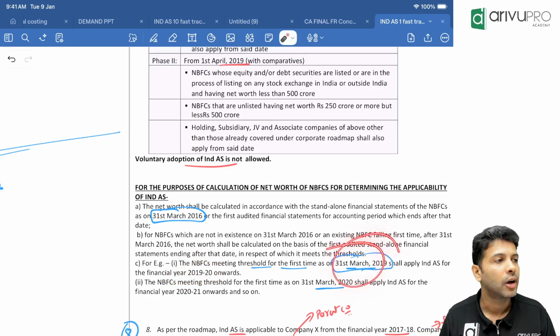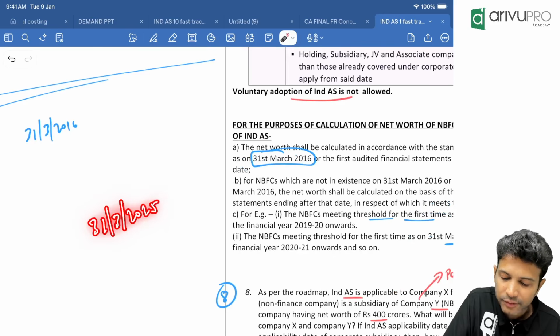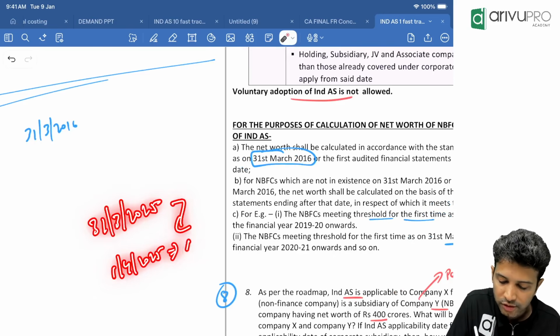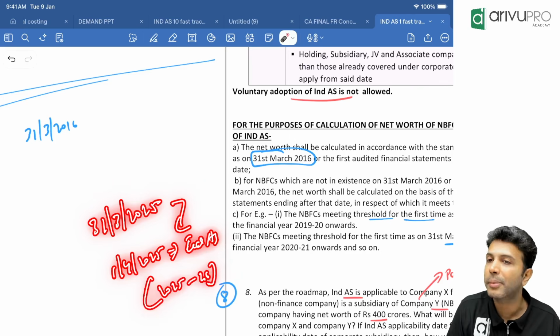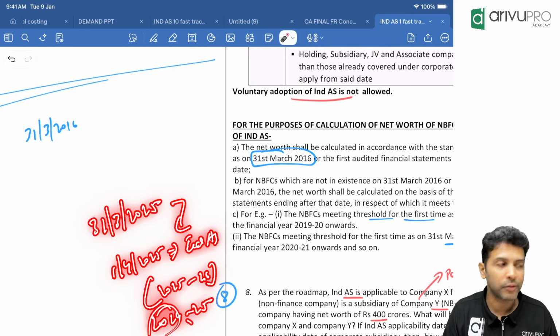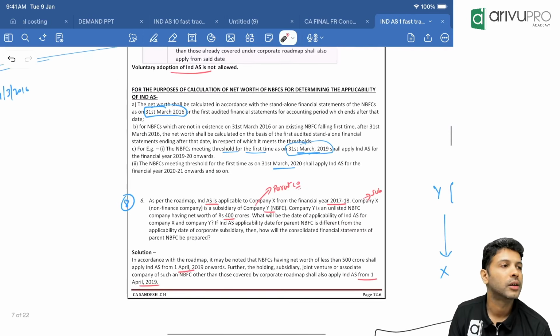So if the net worth limit is satisfied on 31st March 2025 for the first time, then from 1st April 2025 onwards you will start applying Ind AS. Meaning from the 25-26 year onwards, you need to apply Ind AS along with the comparative statement of 24-25, with 1st April 24 being the date of transition. That's the thing. Done now.